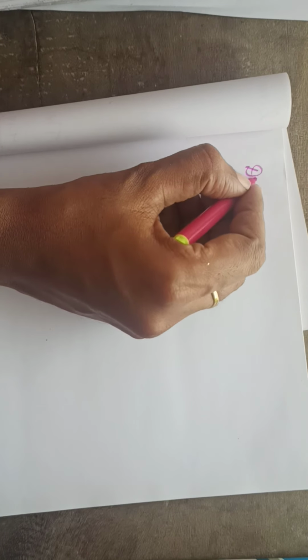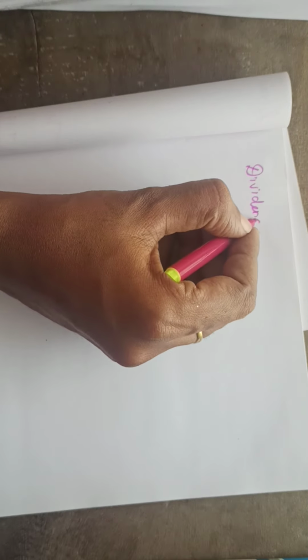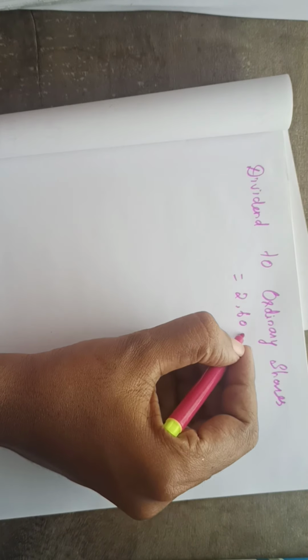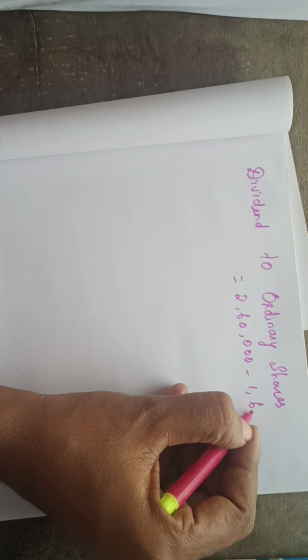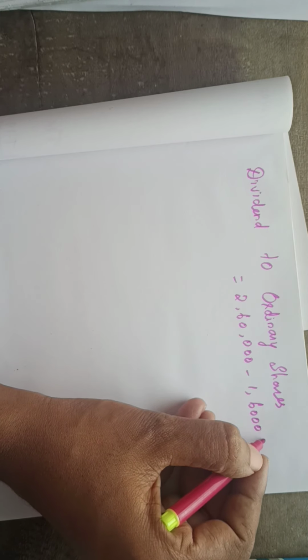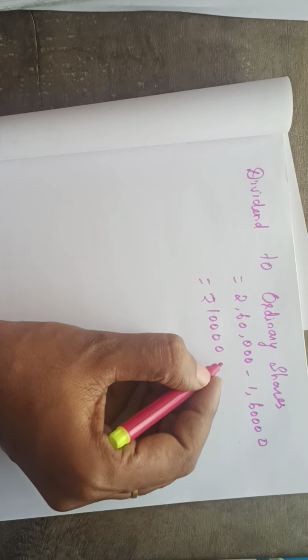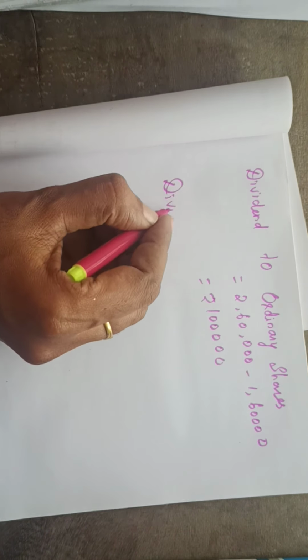Then next we are going to find the dividend for ordinary shares. How much will it give? We have found out, is it right? Amount to shareholders we have found out, so minus this one. How much will you get? Okay. So dividend rate.